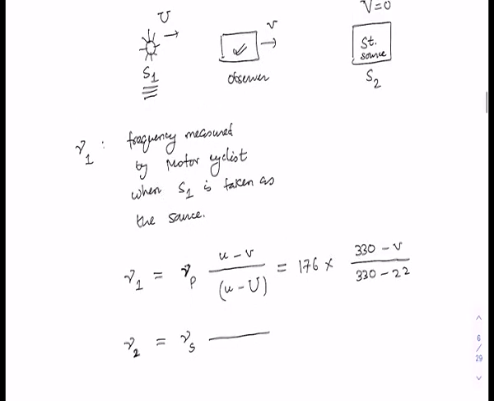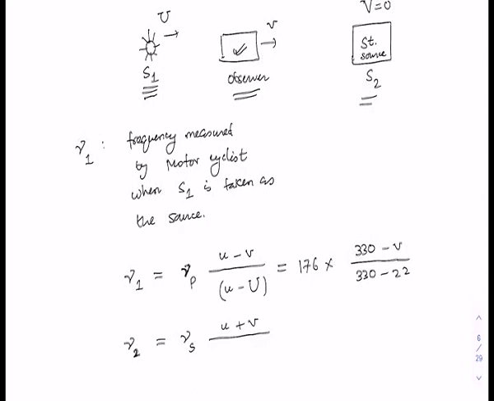Because this source is now at rest, and the observer is moving towards the source, therefore the velocity of sound as measured by this observer, that is the sound that is coming from this source S2, will obviously be u plus small v.